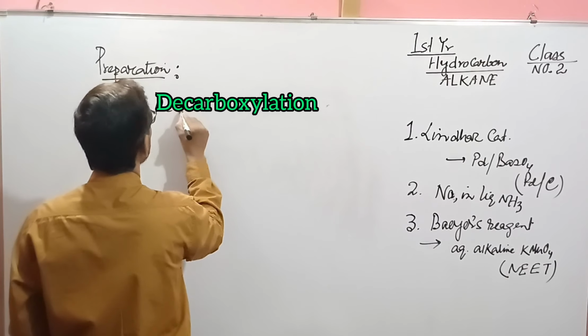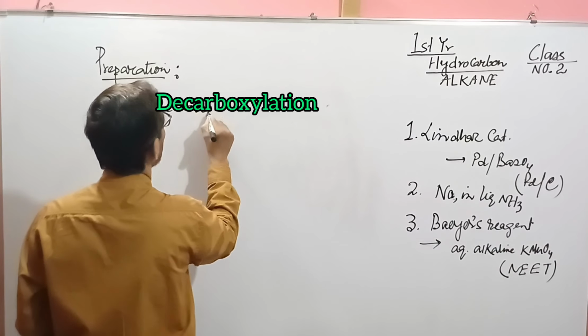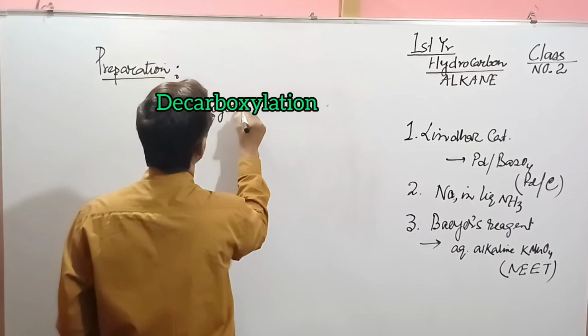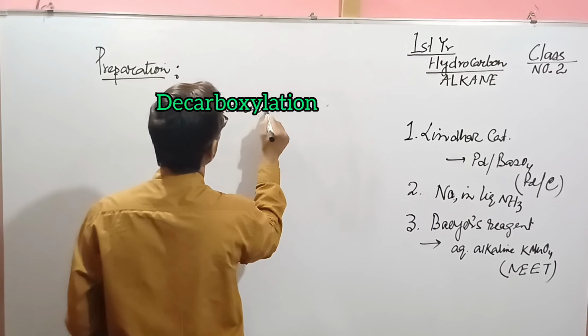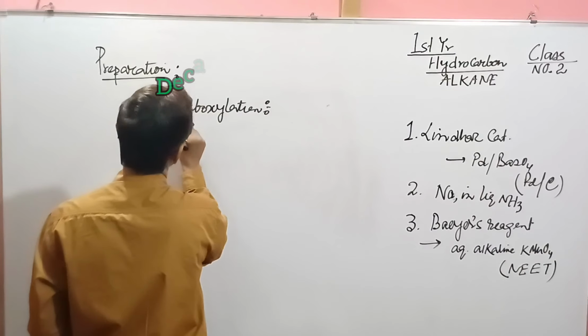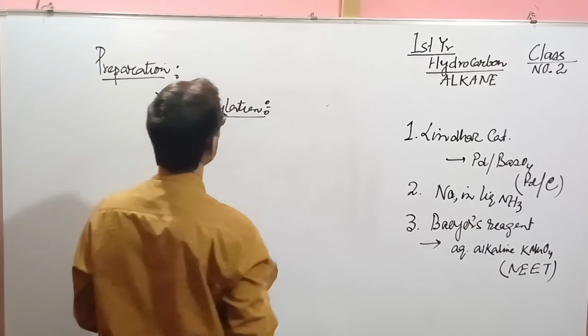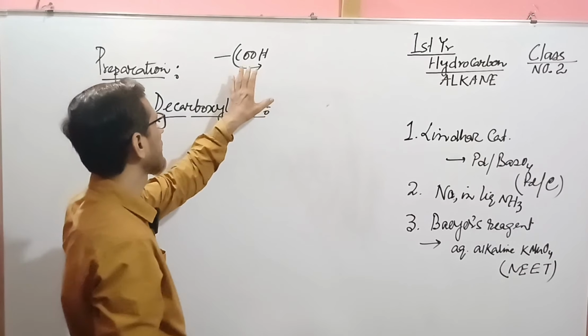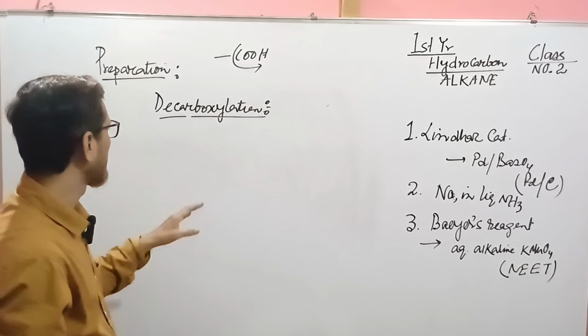Decarboxylation. At the very beginning I told you what decarboxylation is. De means loss, carboxylation means carboxylic acid group. That group will be lost in the form of carbon dioxide or sodium carbonate, anything.